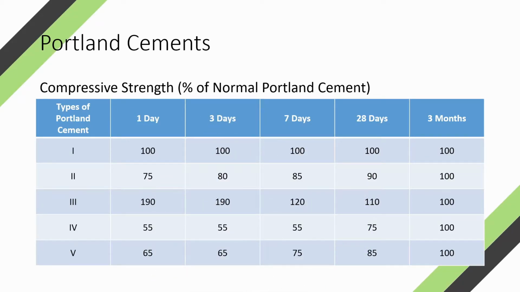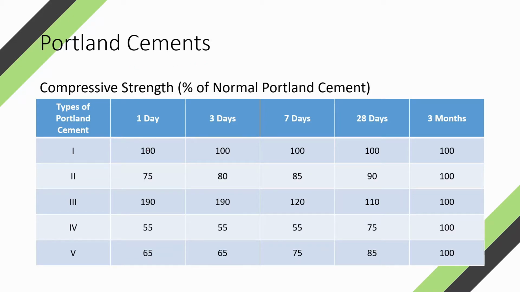So, next we have here yung compressive strength ng ating mga Portland cement. So, yung percentage ng kanilang compressive strength at day 1 and day 3, day 7, and 28 days age and 3 months of age ng ating Portland cement.